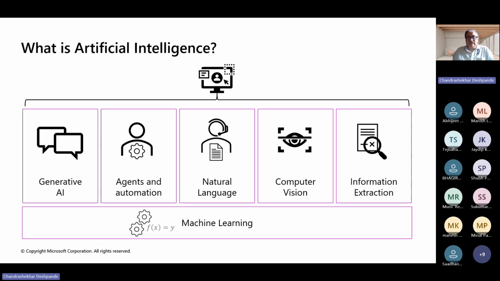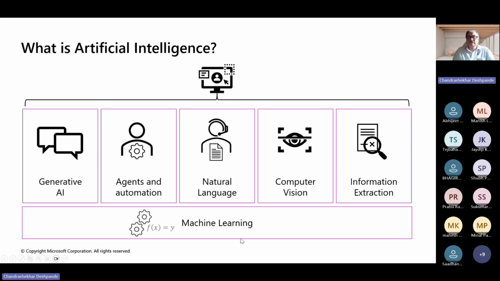Obviously, machine learning is at the bottom because all machine learning algorithms are being used here. So natural language and computer vision, all these services use machine learning algorithms, although the environment in which these algorithms are executed may be different.